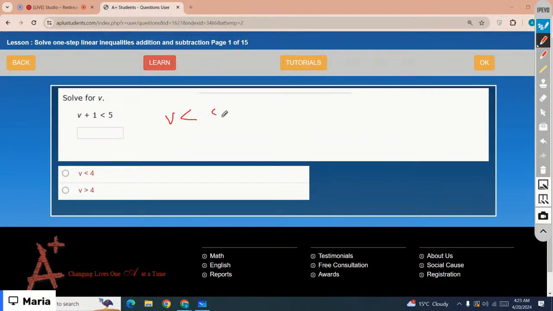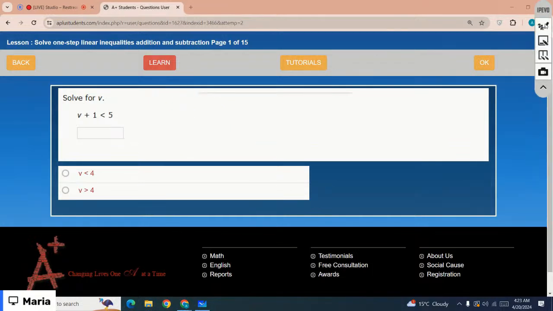Isolate the variable v, move 1 to the other side, then subtract. So v is less than 4. The correct option is v is less than 4, it is right. Option number 1 is the correct option.